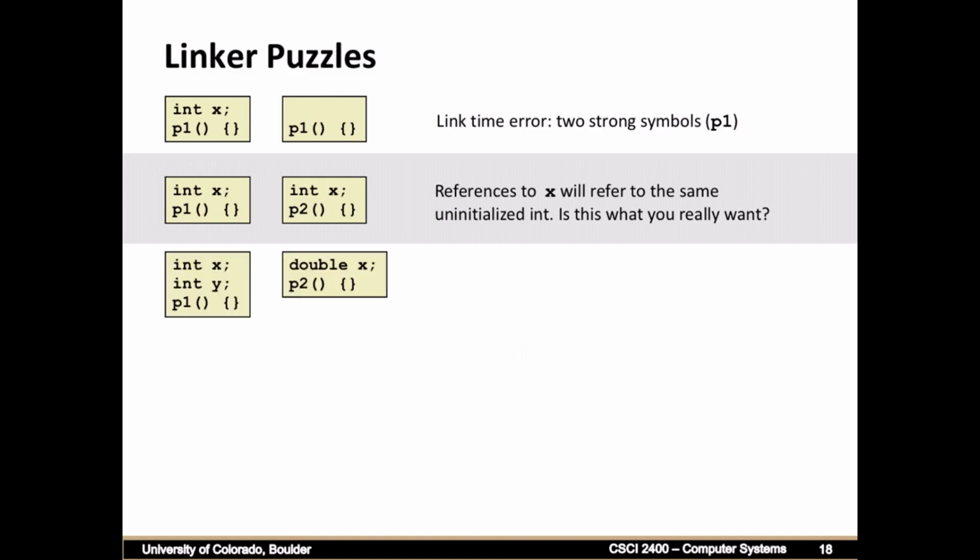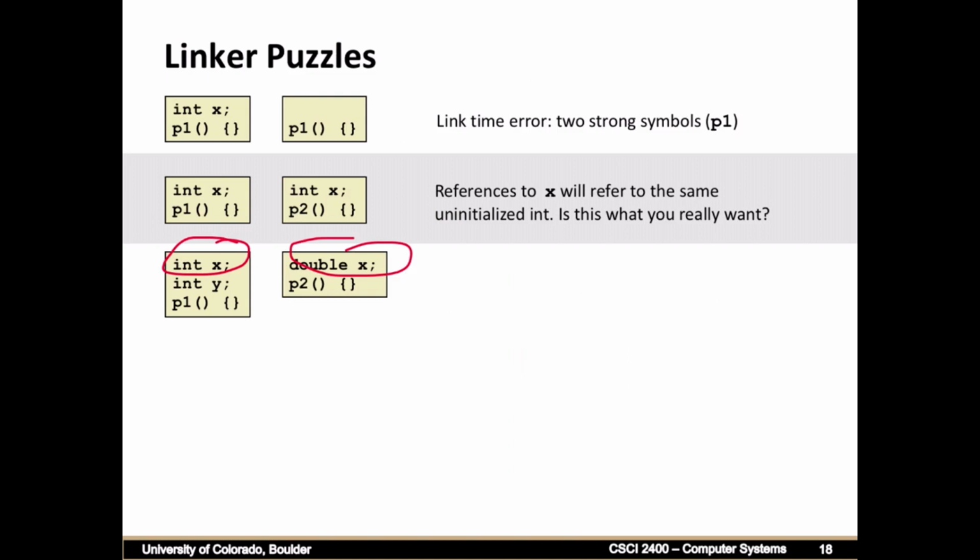Here's another more difficult to understand and possibly much more dangerous situation. We have two strong symbols P1, P2. We have one weak Y, and we have two weak X's, except now the X's refer to different types. In one case, X is a 4-byte integer, and in another case, X is an 8-byte double.